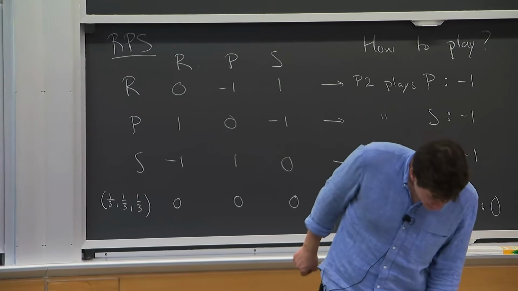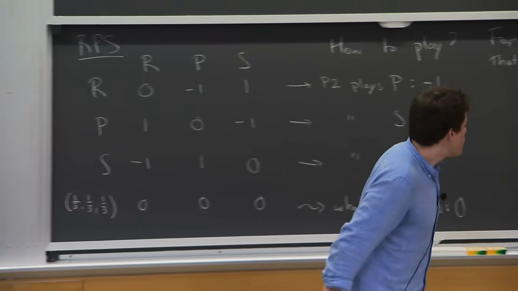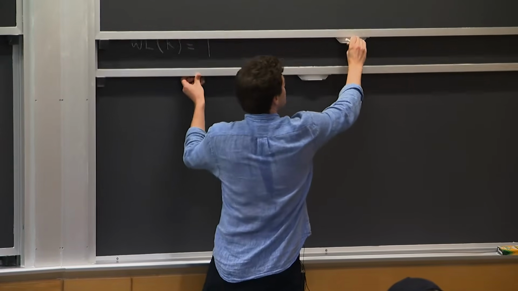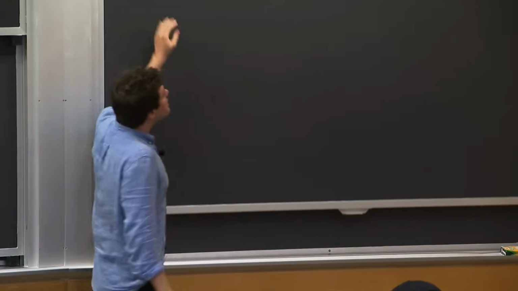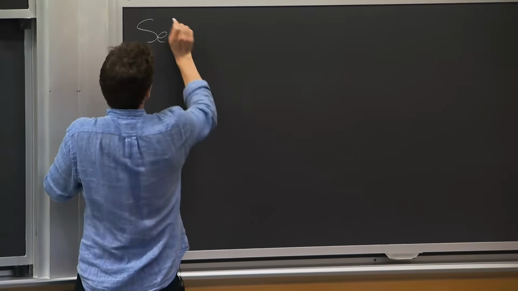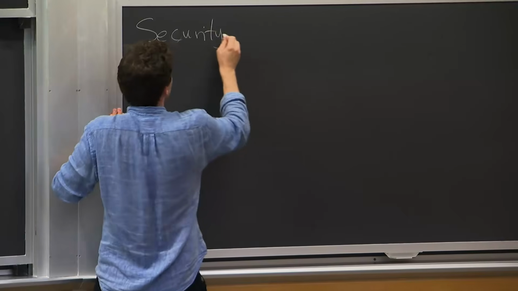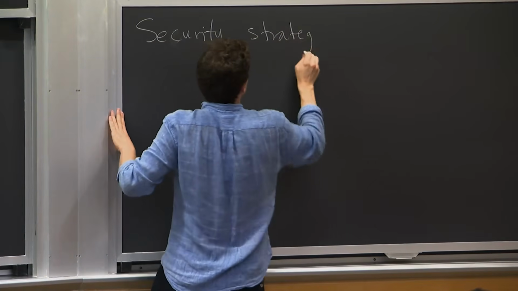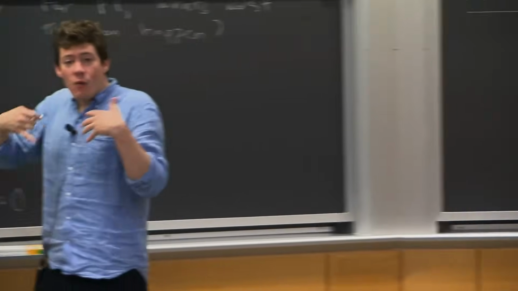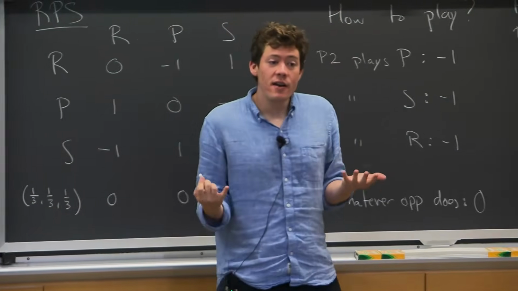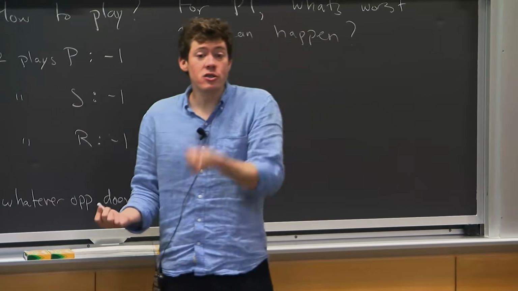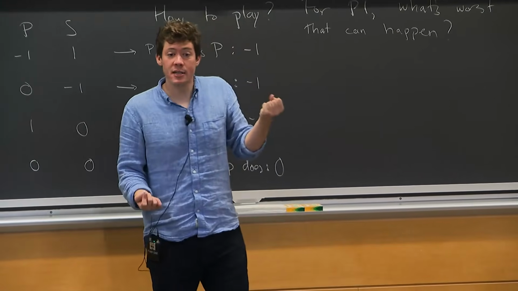All right. So we've thought through worst case reasoning. Let's do the boards backwards. And now we want to go a step further and talk about something called security strategies, which just formalizes what we talked about in this game before. So what is a security strategy? Well, when I'm choosing what strategy to play as player 1, I evaluate each strategy according to its worst case payoff, and I choose the strategy that maximizes that worst case payoff.